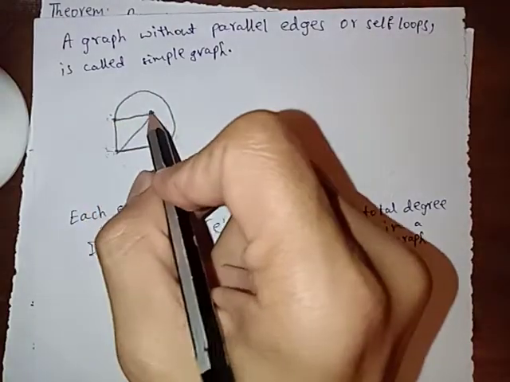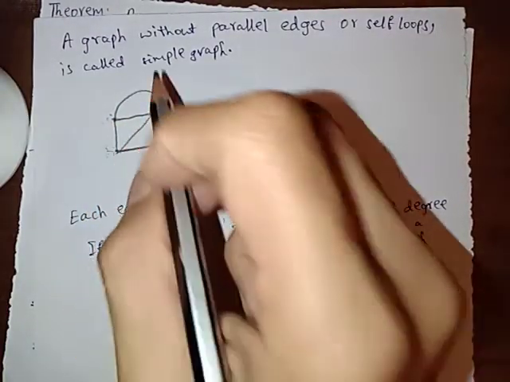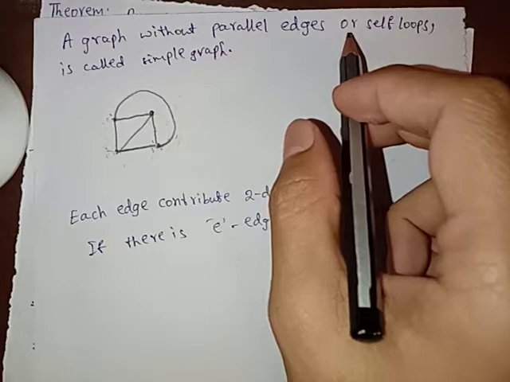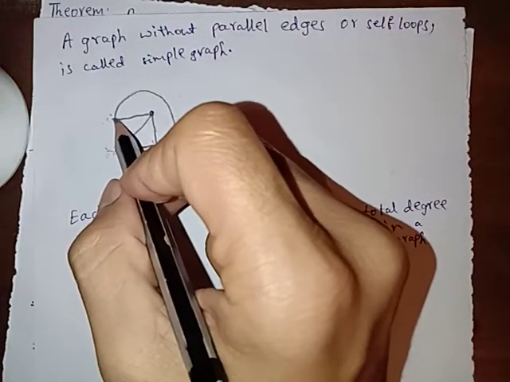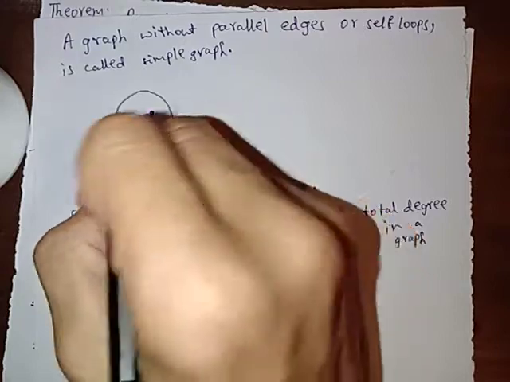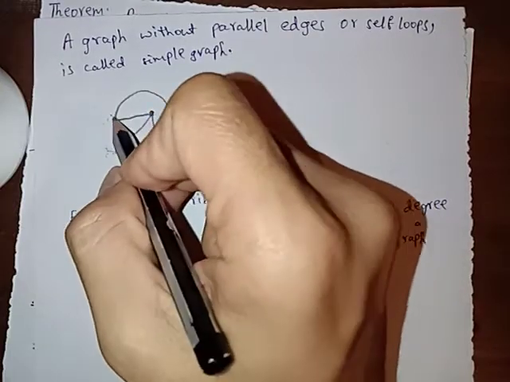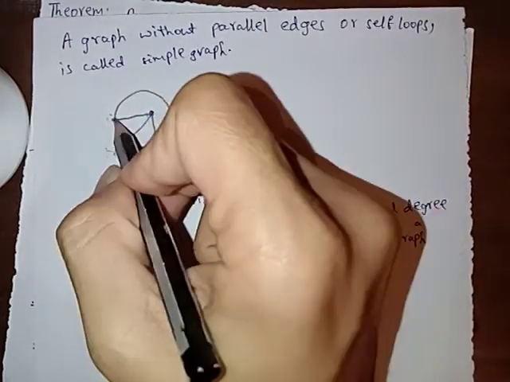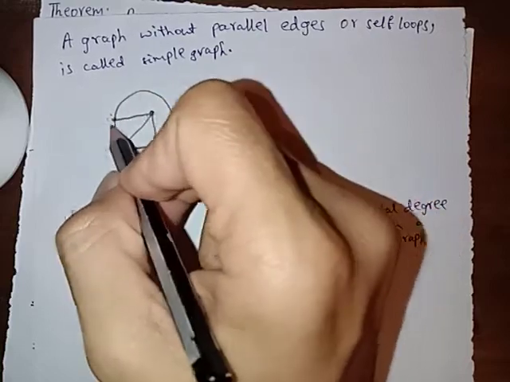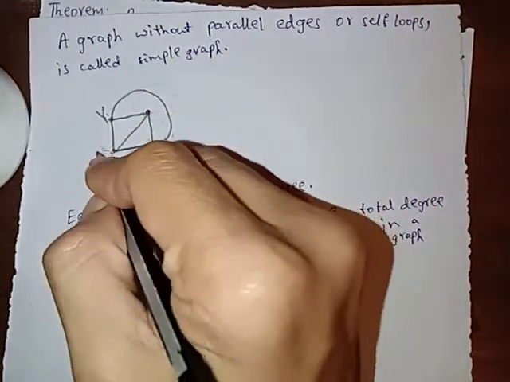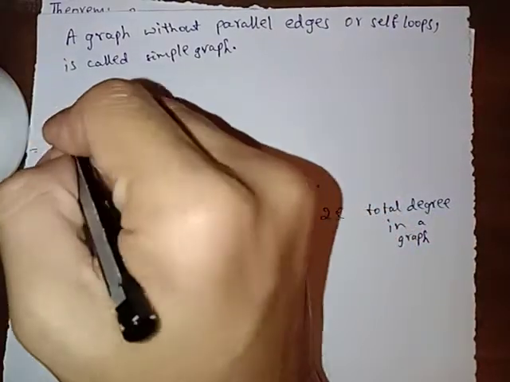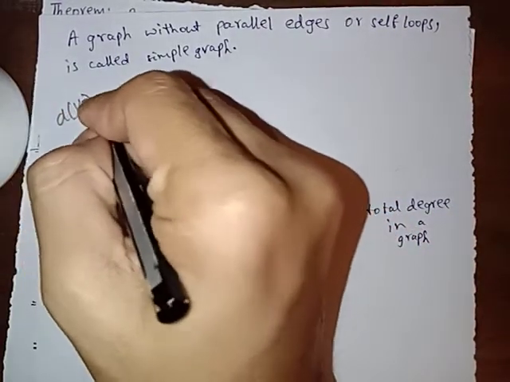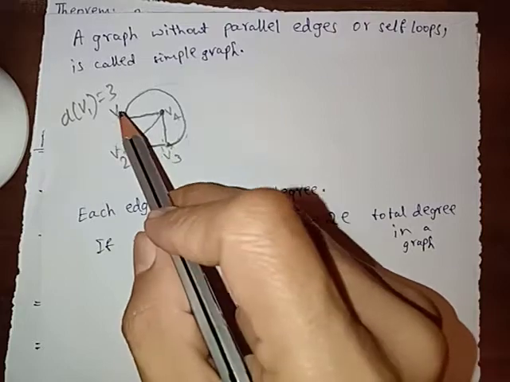Here 4 vertices are there. In a simple graph, the maximum degree of each vertex is 3 for 4 vertices. Here 1, 2, 3. The degree of V1 is 3, which is 1 less than 4.